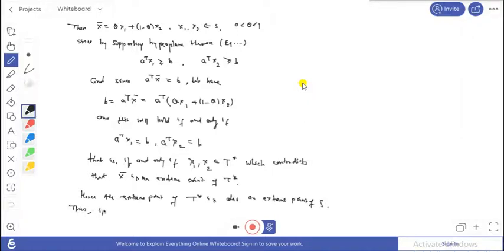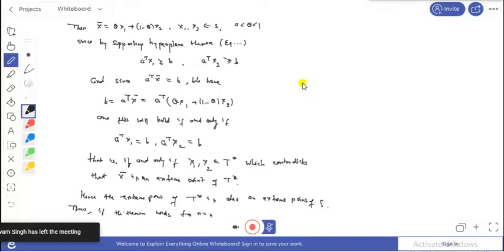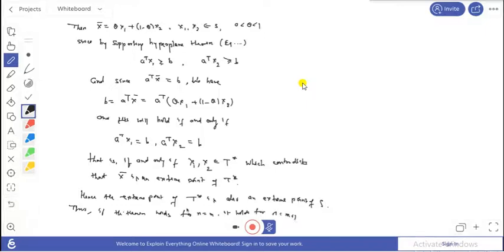So if the theorem holds for n equals m, it also holds for n equals m plus 1. And we have seen that it also holds for n equals 1.